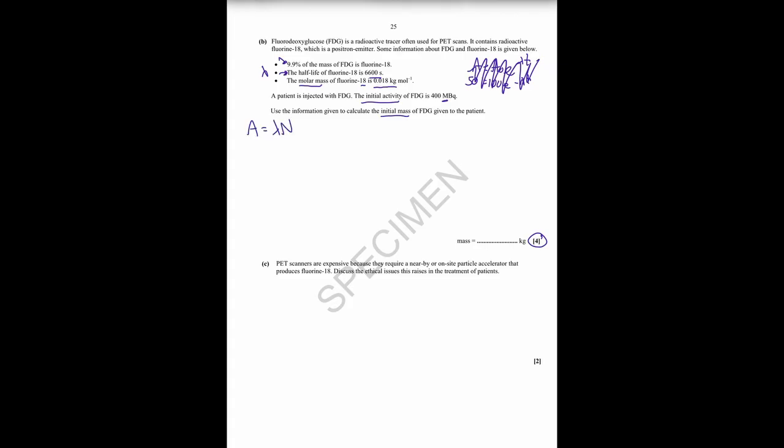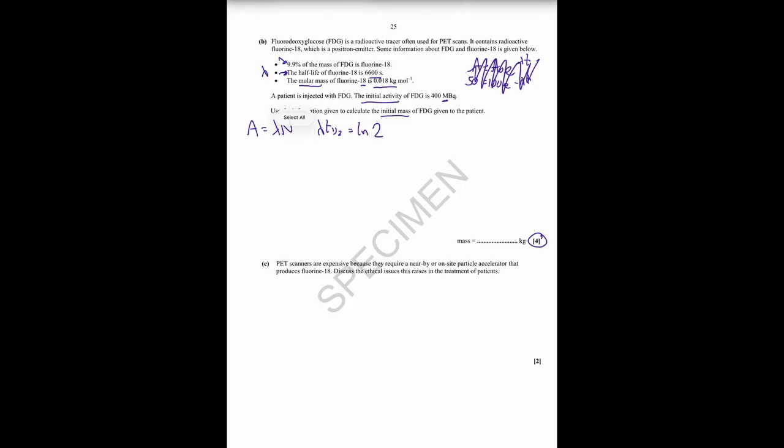We're already suspicious that I'm obviously going to have to work out lambda, and that's going to be the case for any radioactivity question. So we might as well just do that to get started. So how am I going to work out lambda? I'm going to look at my formula sheet if I can't remember the formula, and I know that lambda t half is going to be equal to ln2.